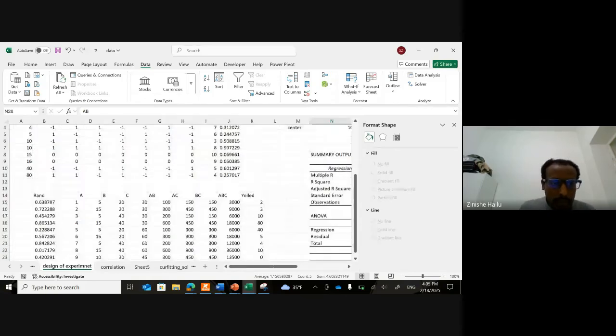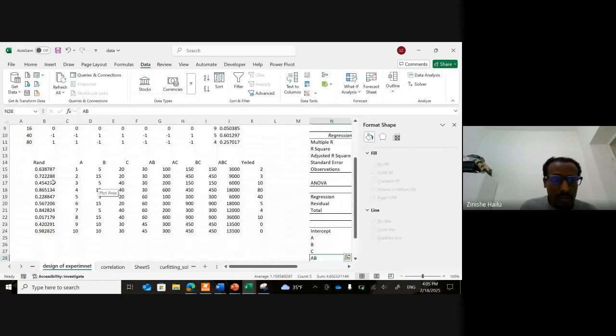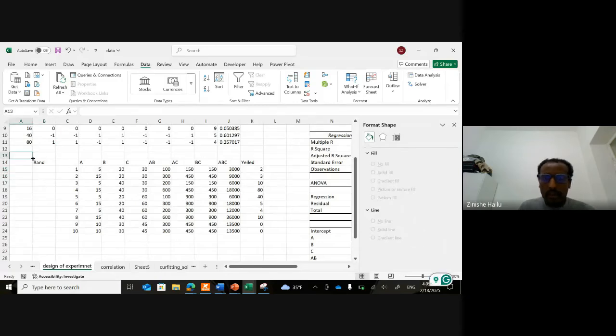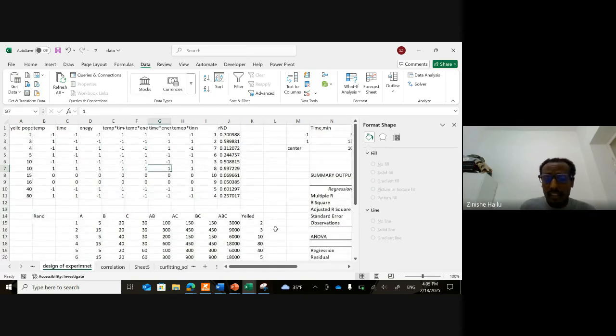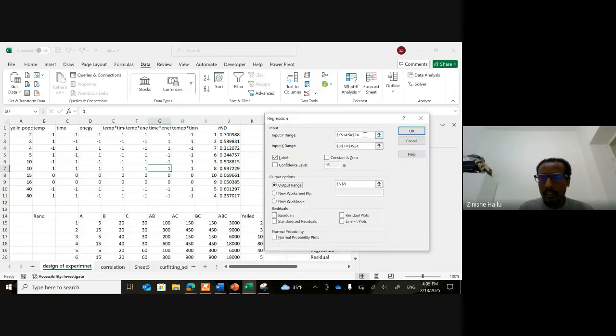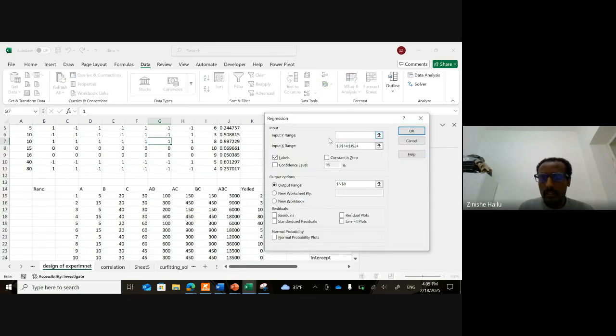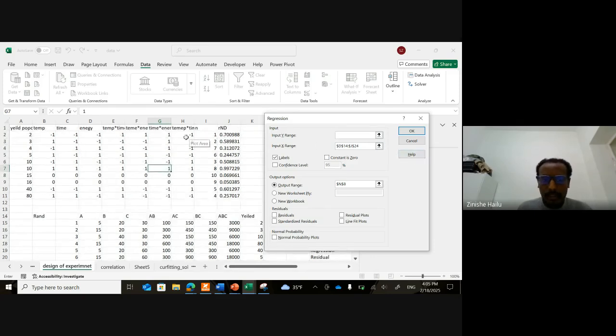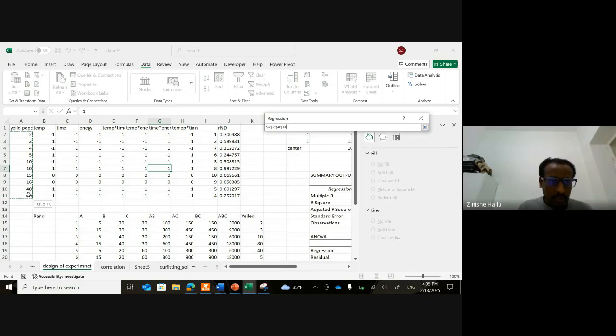But this is not randomized. If we make it randomized, I will have to repeat. To save time, I will use the randomized one. If we randomize, I will go to this again. Here, I'll put the range here, this one.